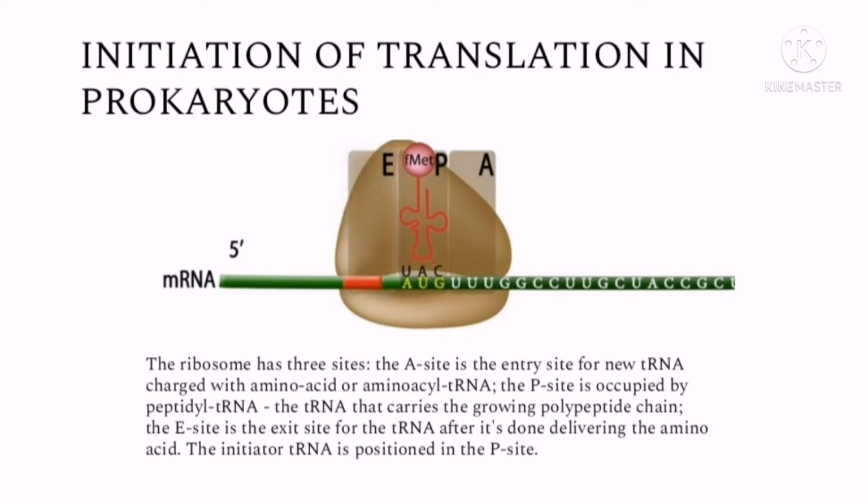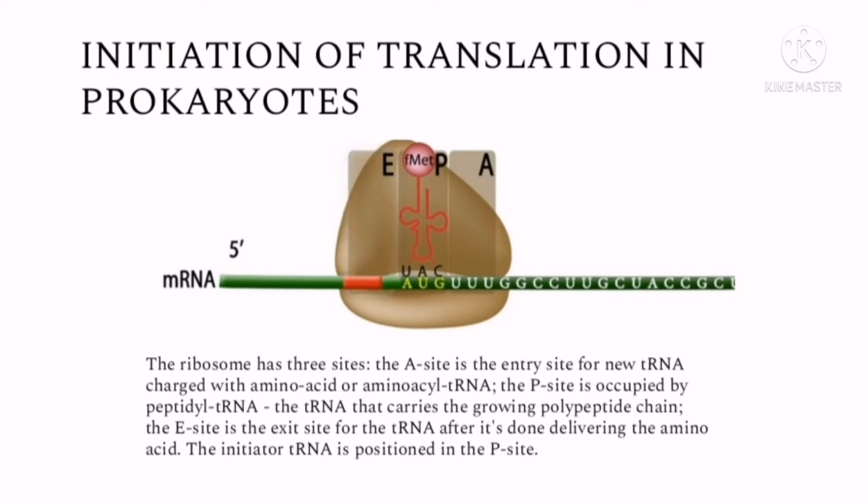Here, the ribosome has three sites. The A site is the entry site for new tRNA charged with amino acid, or aminoacyl tRNA. So the entry site for the tRNA is the A site, which is on the right side of the P site. Next is the P site.